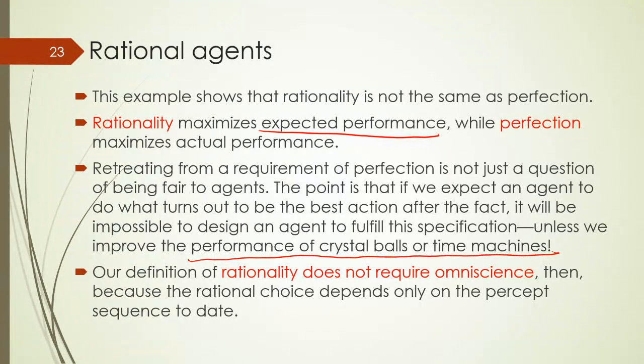Impossible things, right? If you expect your agent, your AI, to be perfect, you have to give it perfect information. You have to give a crystal ball, to see everything. Or give it the power to do analysis, to do the calculation for everything.